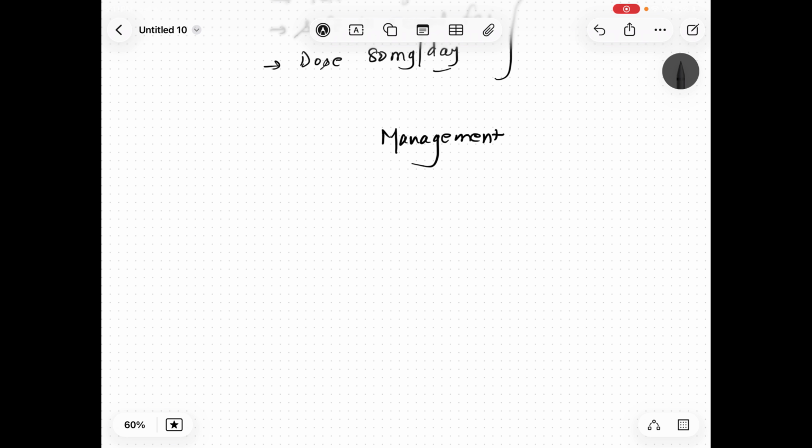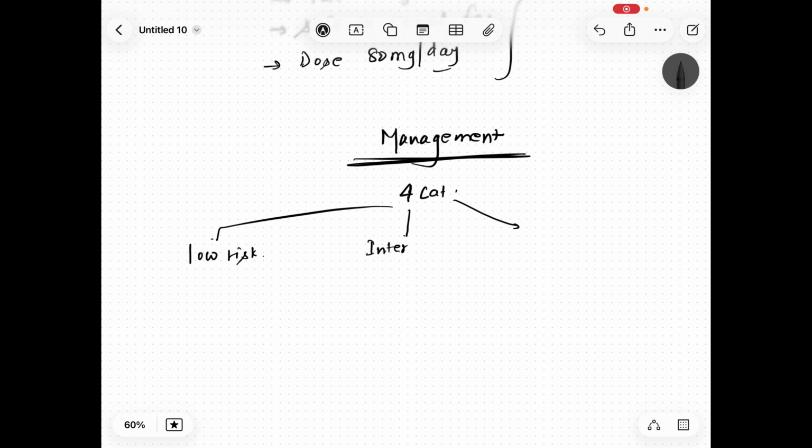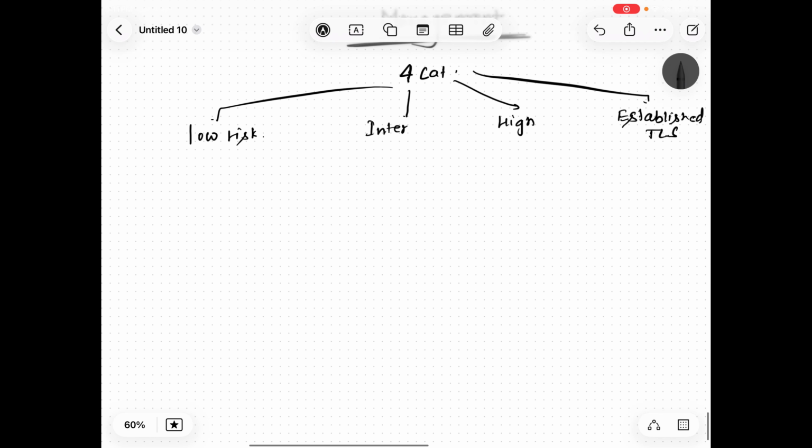In the management part, hydration is the key. So we have 4 categories. First one is low risk for developing TLS. Second is intermediate risk. Third one is high risk. And the fourth one is established TLS. In case of low risk, only hydration is required with close observation.